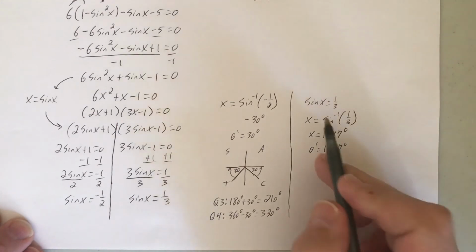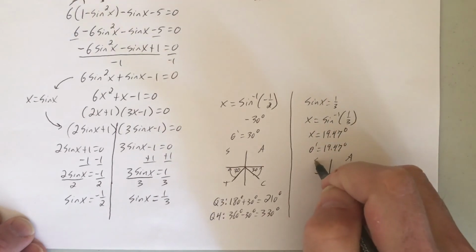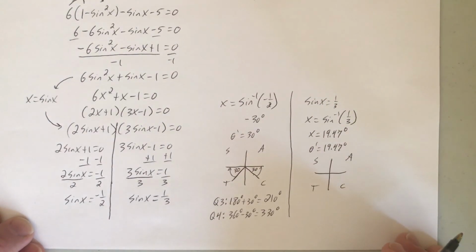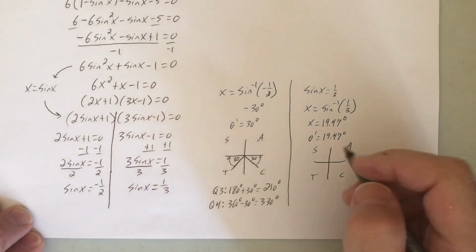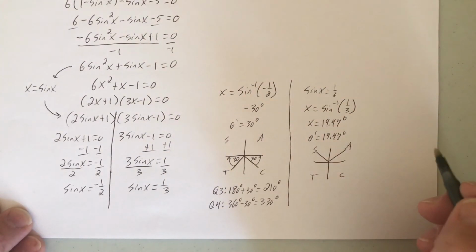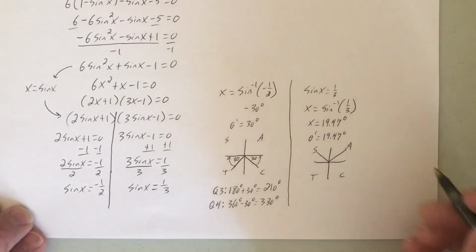Well, again, we got to figure out, well, where are we? So all students take calculus, and sine is positive. Sine is going to be positive in quadrant 1 and quadrant 2. Well, my theta prime is a positive acute angle, so that's already my quadrant 1 answer. So I already have that.